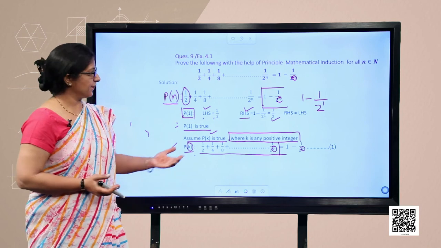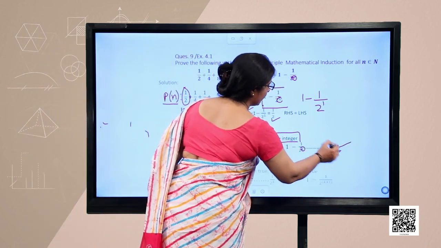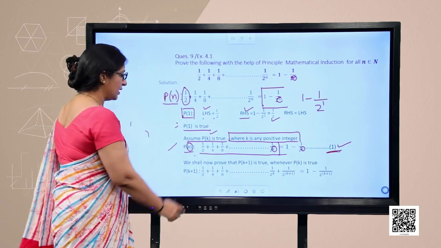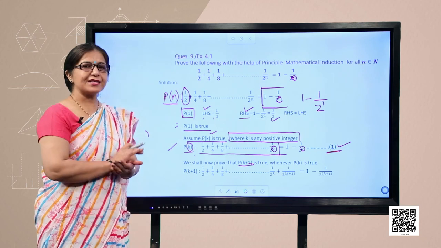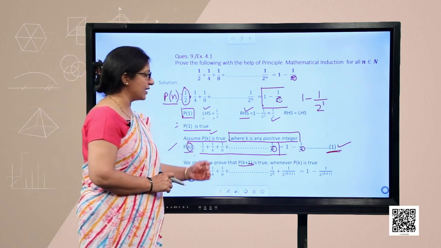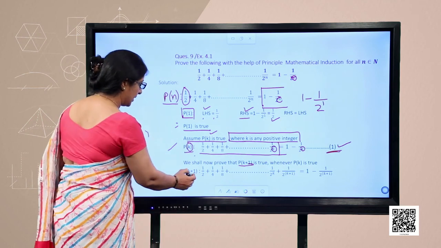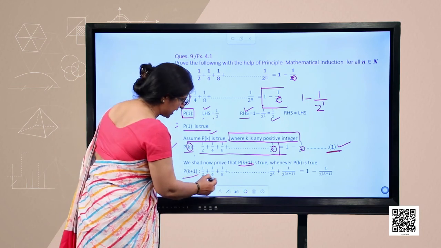This is the basic step, and we take it as equation number 1. We will be using it further. Now, we shall prove that Pk plus 1 is true. Once we assume that Pk is true, the next step is to prove Pk plus 1 is also true. Here, k is replaced by k plus 1. The same statement goes.